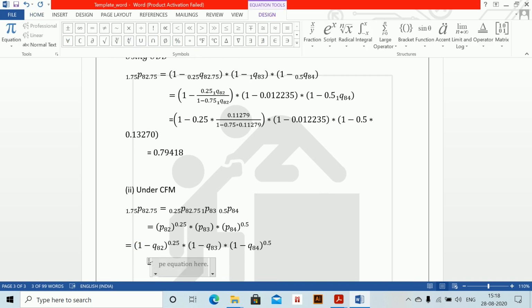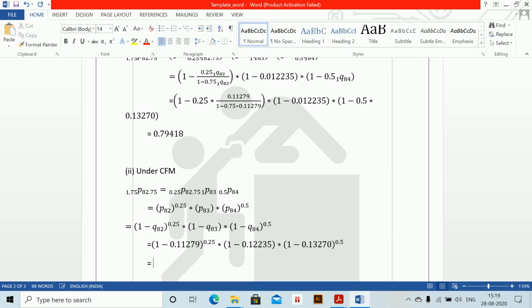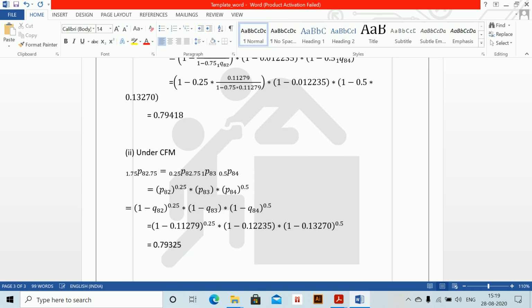So 0.1235, just putting the values, and 0.13270 to the power 0.5, 0.79325. Okay, so this was CFM solving done.